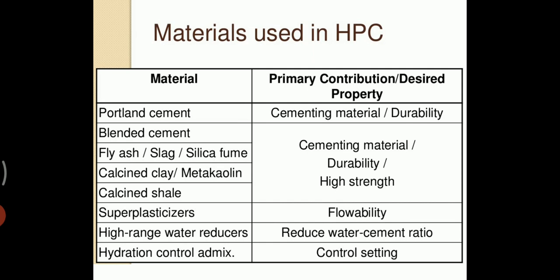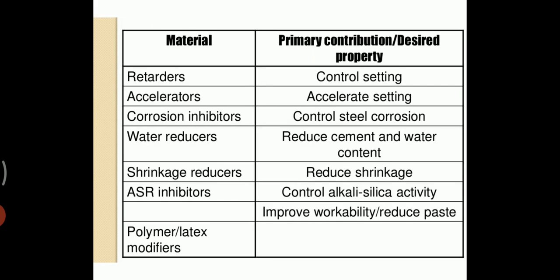Then hydration control admixtures, that is, we also need to control the set. Then some other materials, we should also use retarders to control the setting. Then sometimes we need accelerators to accelerate the setting.